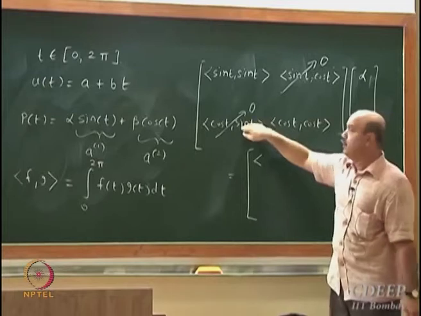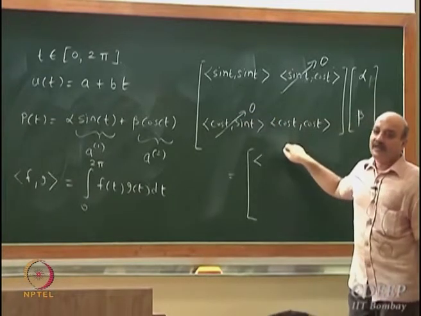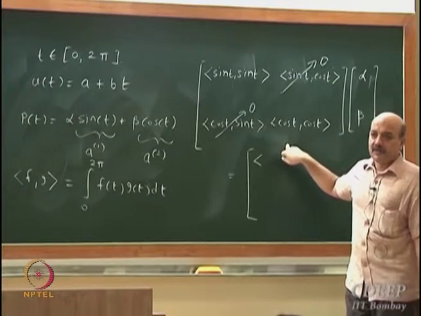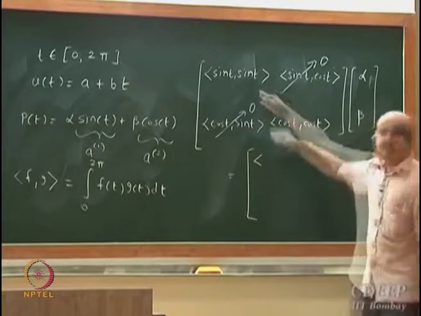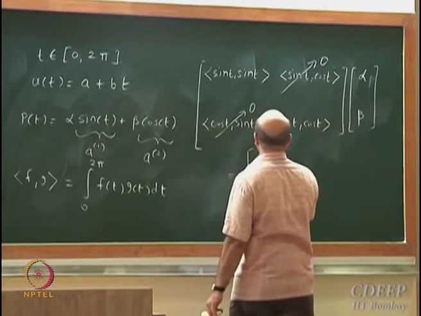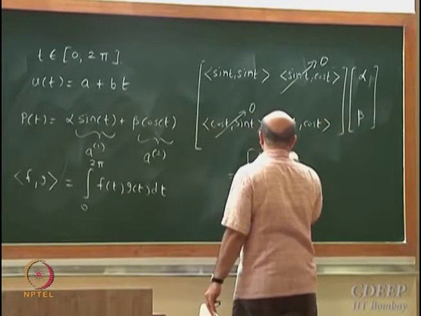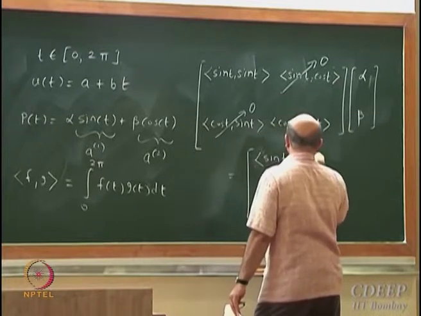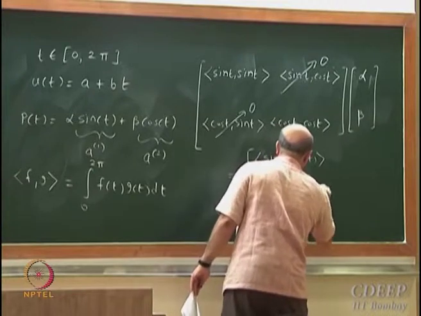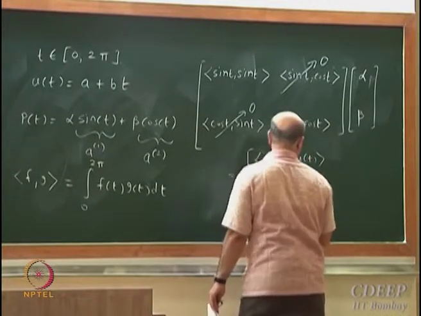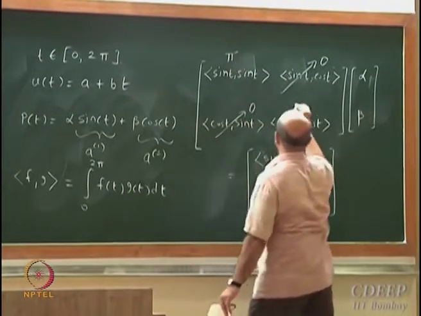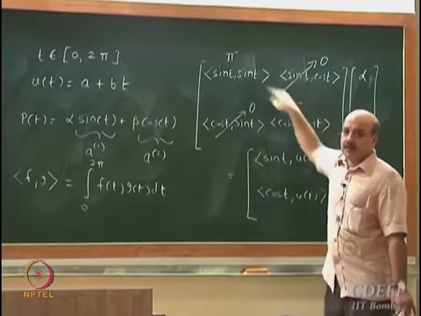So I get a diagonal matrix. Solving for this diagonal matrix is very easy. So what is the integral of sin t sin t? It's pi. Then the inner product of sin t with u(t) and the inner product of cos t with u(t). So this is equal to pi, this is equal to pi, this is 0, this is 0.